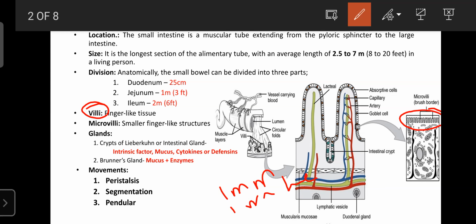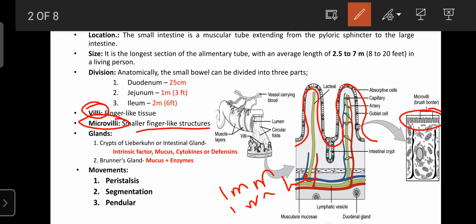Okay, and those villi have further small finger-like structures, which are known as the microvilli.